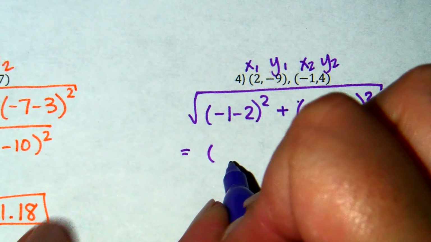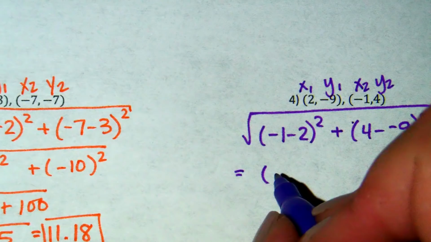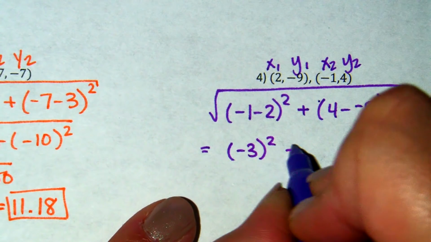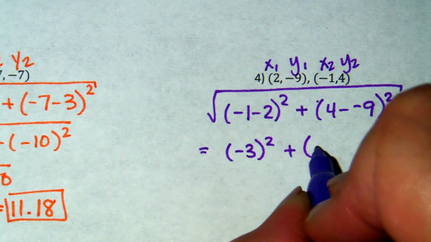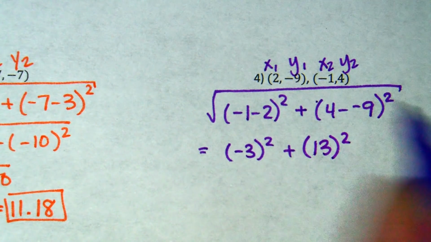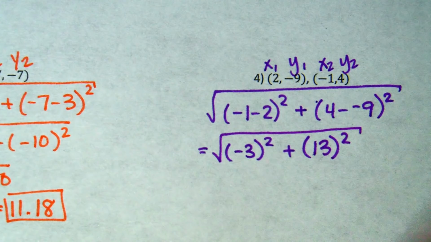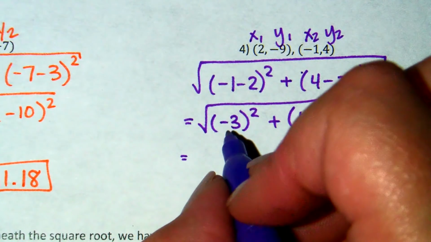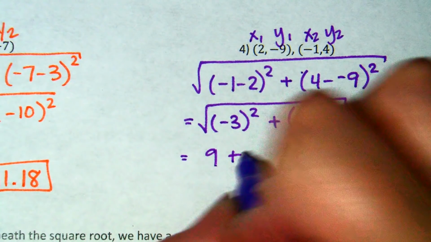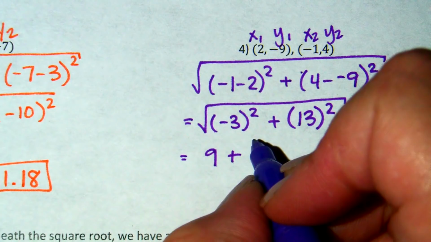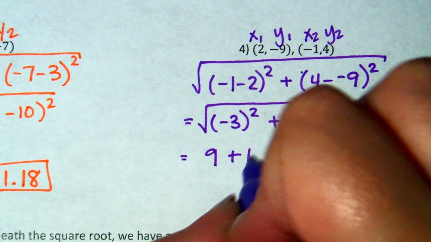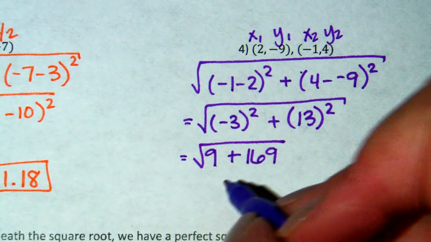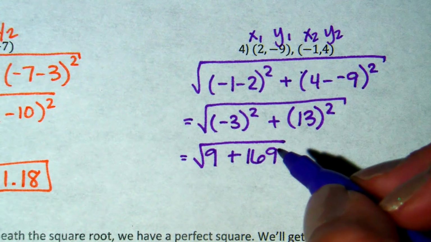Negative 1 minus 2 is negative 3, so I have negative 3 squared plus 4 plus 9 is 13 squared under the square root. Negative 3 squared gives me a 9, and 13 squared is 169. I was off by a lot. 169 plus 9 is 178.